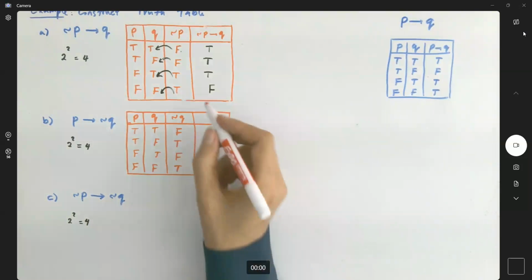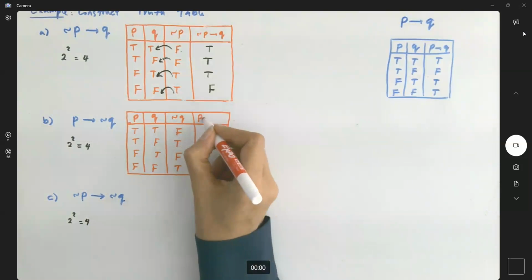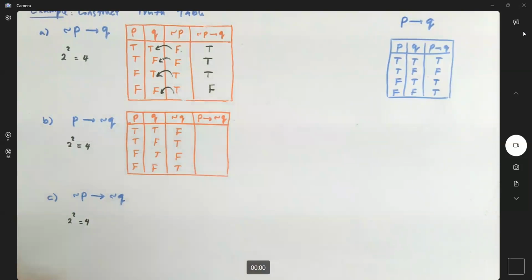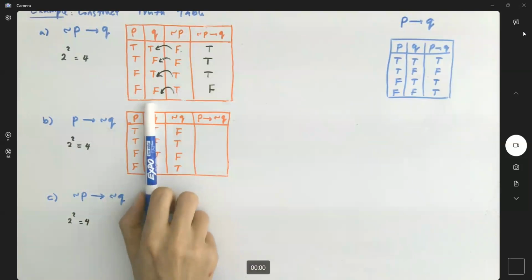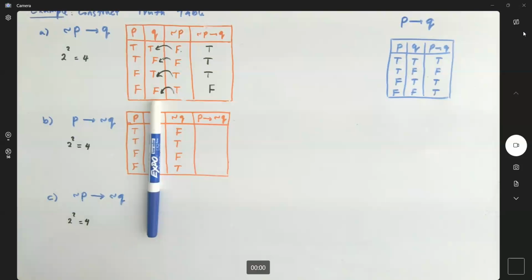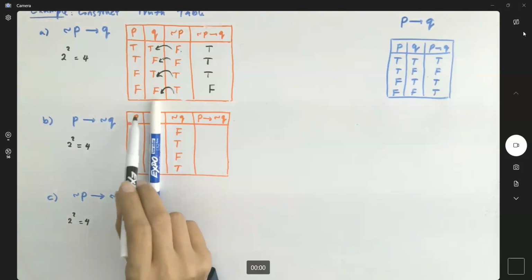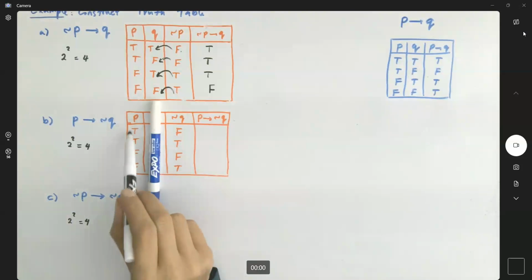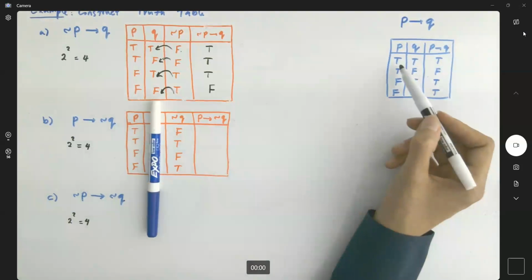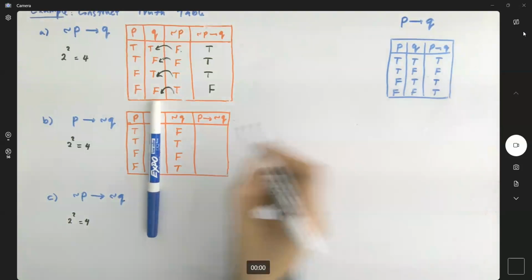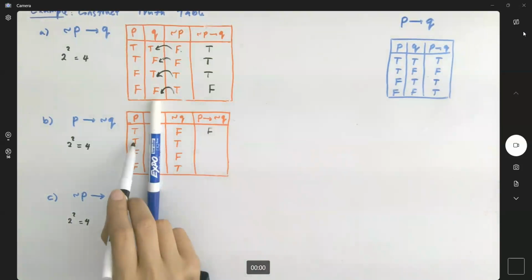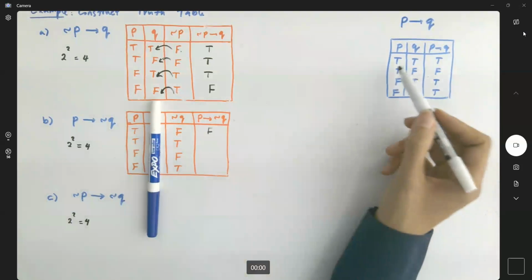Now the last column, P, then not Q. So now you're going to ignore Q and just connect true to false. True implies false is false. Next one, true implies true, true.